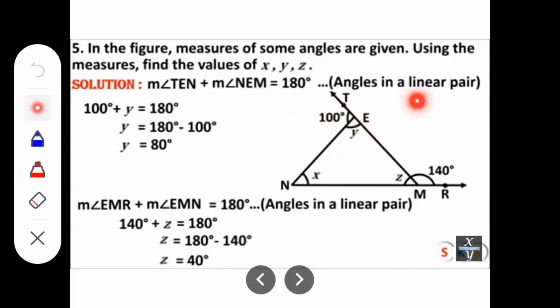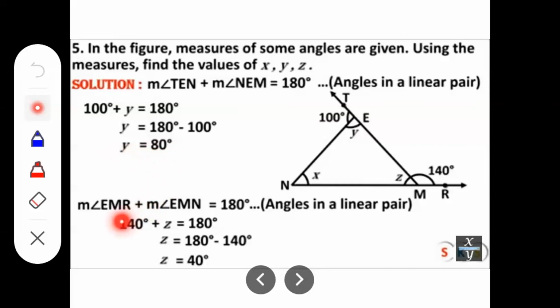Write the reason. Now put the value for each angle. TEN equals 100 degree, and another value is given, Y, so the sum equals 180 degree. To find the value of Y, you get 80 degree. So Y is 80 degree.